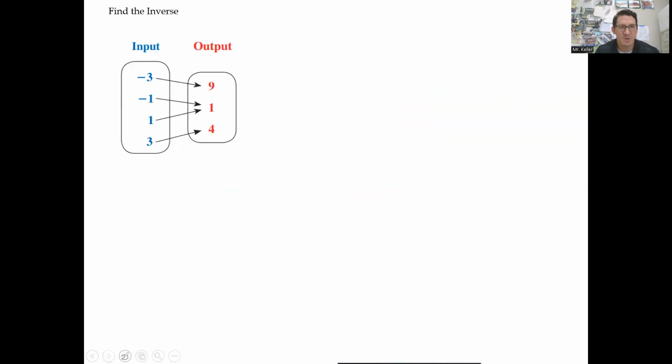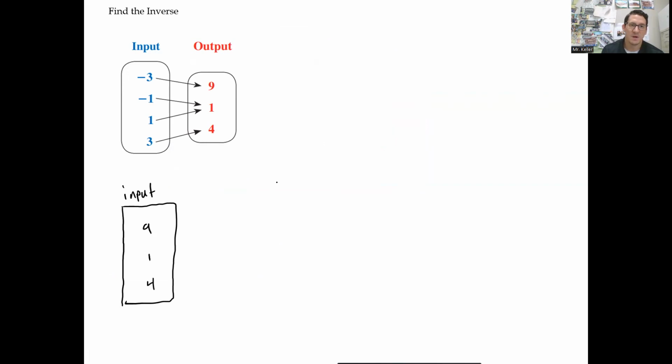All right, next example, we have input and output. We're going to do it in a mapping diagram. So something else you might remember from IM1. So the outputs become the new inputs. So that's going to be 9, 1, 4 over here. And then our new outputs.